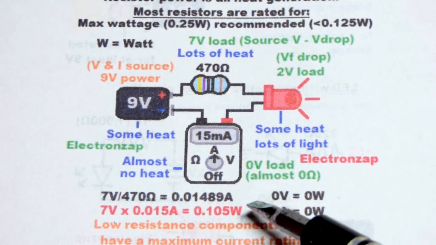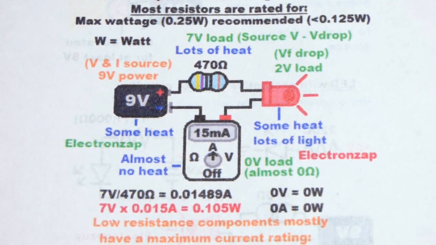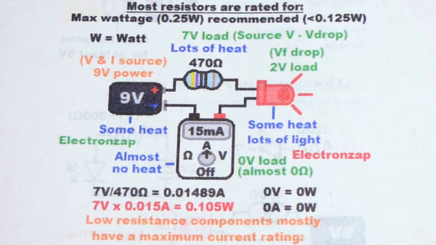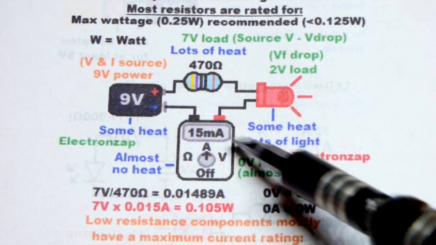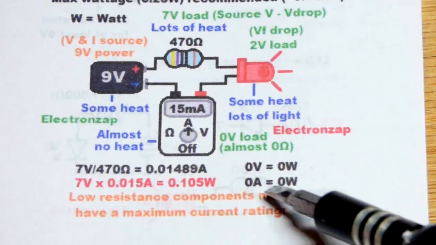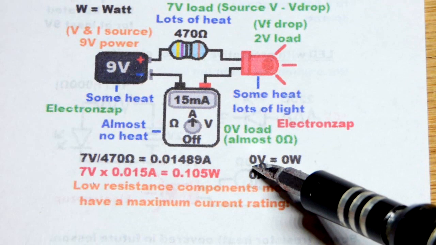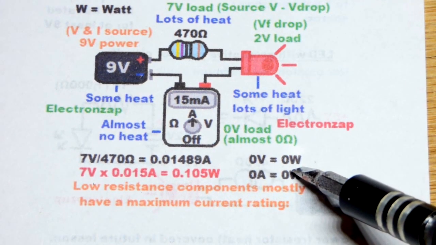Now the meter, as we said before, it just lets current flow through it practically freely. It's just trying to measure it, not influence it at all. And so really there's no voltage built up across it. If you got a really sensitive meter, you might see a little bit of voltage, but it's almost 0 volts. And when it comes to power, if there's no voltage across a component, it's not creating any heat.